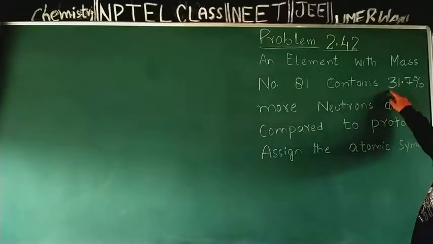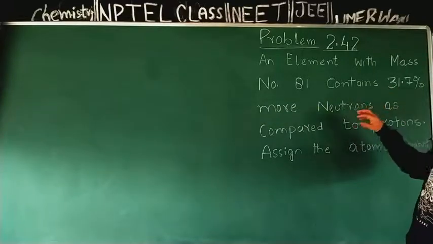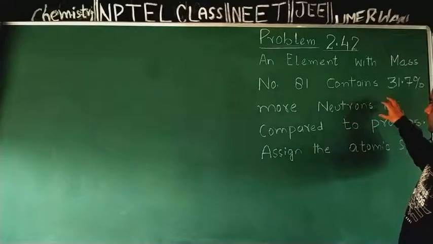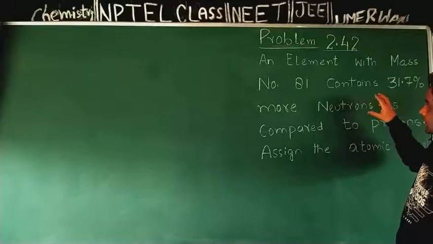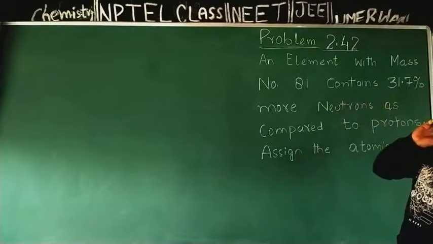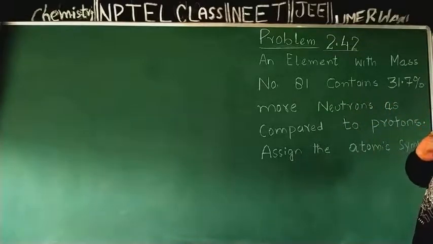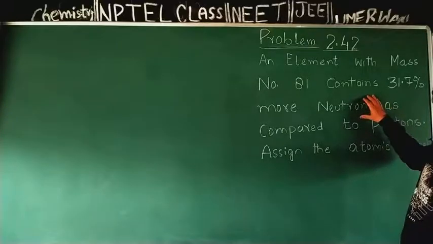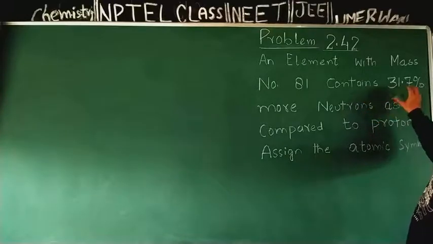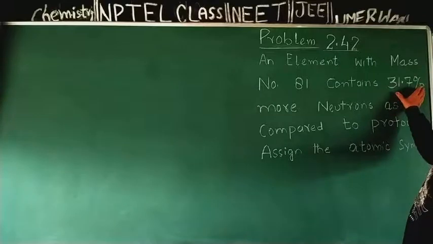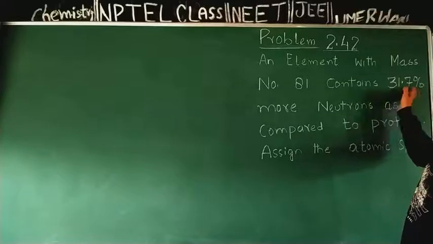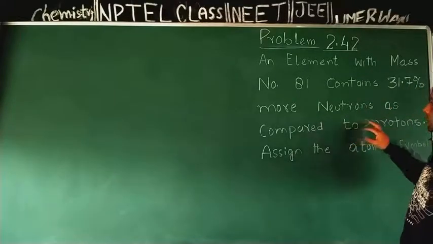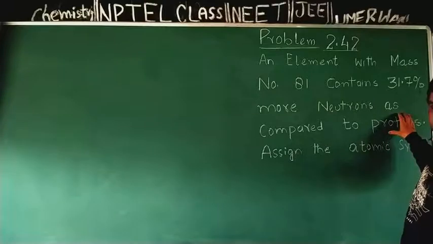Now the question does not give exact number of protons and exact number of neutrons, but the question gives a relation between number of neutrons and protons in this atom. Question says that number of neutrons is 31.7% more than number of protons.